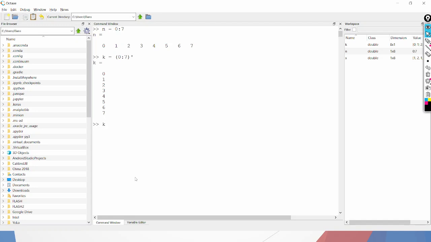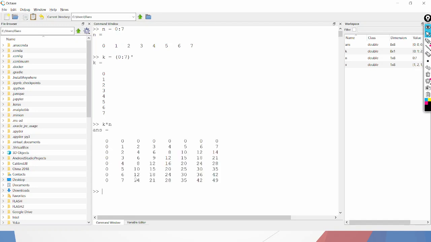So I multiply K with N, like so. This is the multiplication table, like 7 by 7, 49, and so on, when we were children, learning this table by heart. We had this in different notebooks, trying to memorize it. But actually, it's constructed as this matrix product, which might be interesting to know.